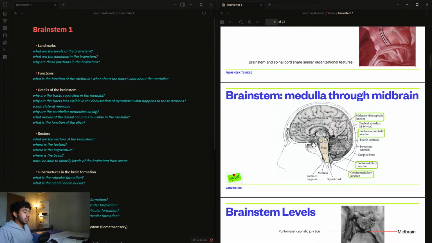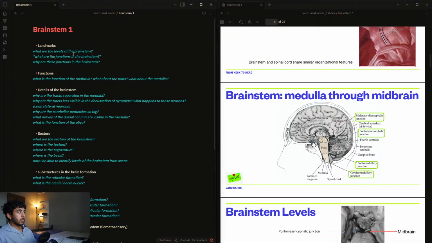So we have the midbrain diencephalic junction and the pontomesencephalic junction. Then between the medulla and pons is the pontomedullary junction. So anything that starts with the pons always comes first.